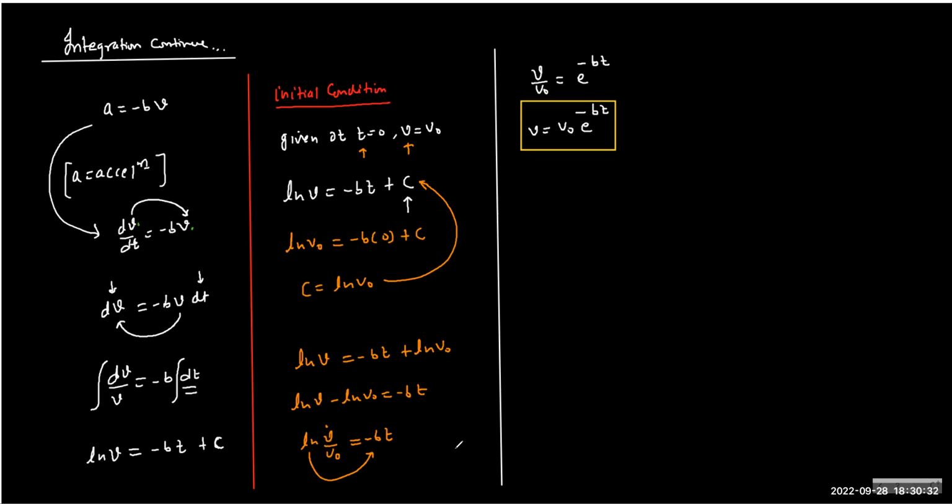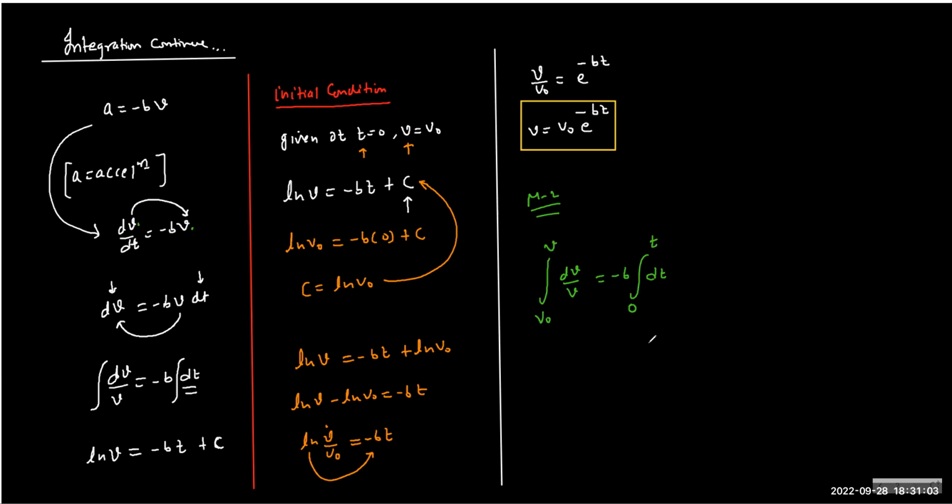Now, what is the other way of using the initial condition? So method 2. In the moment of integration, the lower limit always gives you the initial condition. So when t is 0, the v is v naught. At any random time t, the v will be v.